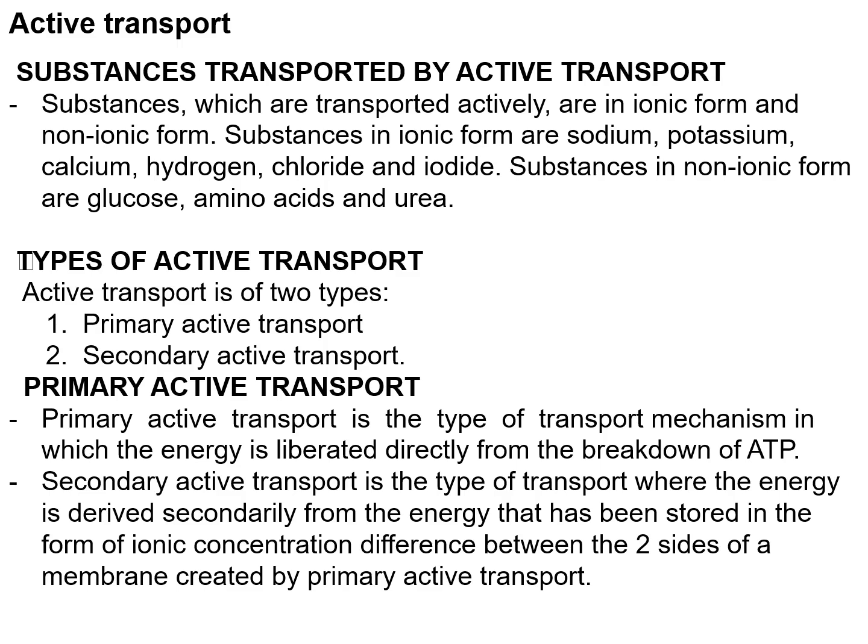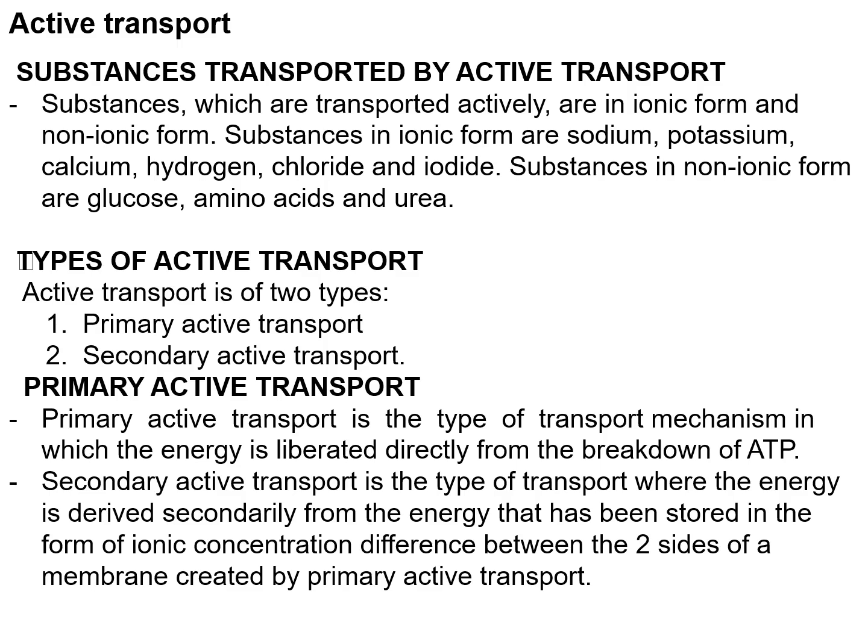While in secondary active transport, we need to have a gradient established for such ionic or non-ionic form. Such an established gradient will be achieved from primary active transport, and the stored energy that was used in primary active transport to establish the gradient will be used for secondary active transport.